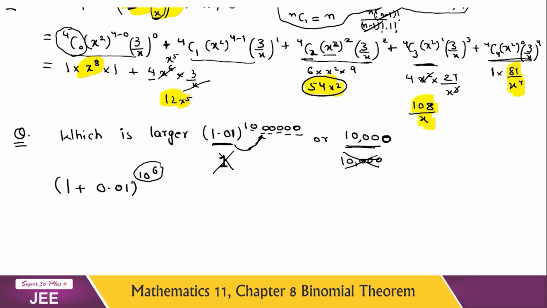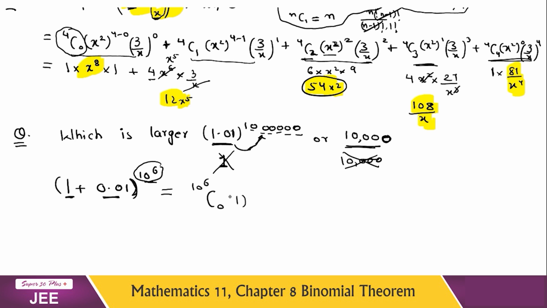If we take it as a binomial, this is a, this is b and this is n. So basically we have to write down the binomial expansion of 1 plus 0.01 raised to the power 10 raised to the power 6. Now don't worry, you don't have to write each and every term. Just write 2 to 3 terms in order to get the idea. So first term is going to be nC0.